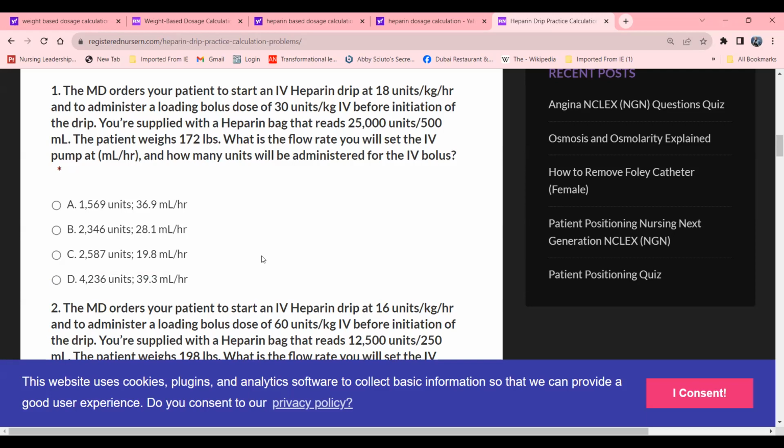That we have on hand, heparin 25,000 units per 500 mLs. Perfect. So we have 25,000 units per 500 mLs on hand. We have 18 units per kilogram per hour ordered. And the only other thing we need here is our weight, right? Mm-hmm. And that is 172 pounds.